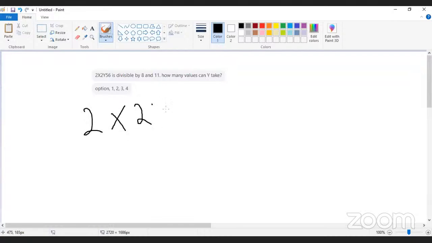2x, 2y, 5, 6. What is the divisibility rule of 11? Does anybody know?